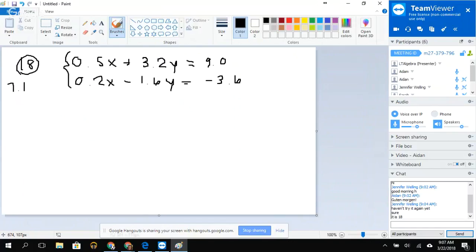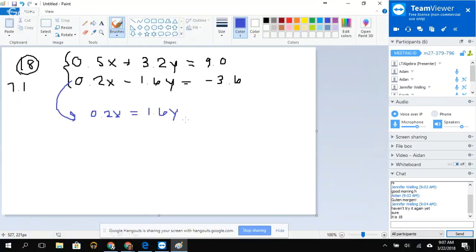So what we did and what we were thinking about, Jennifer, right, is we thought about, let's take the second equation and solve for x because it looks like everything divides by 0.2. Okay, so we had 0.2x equals positive 1.6y.